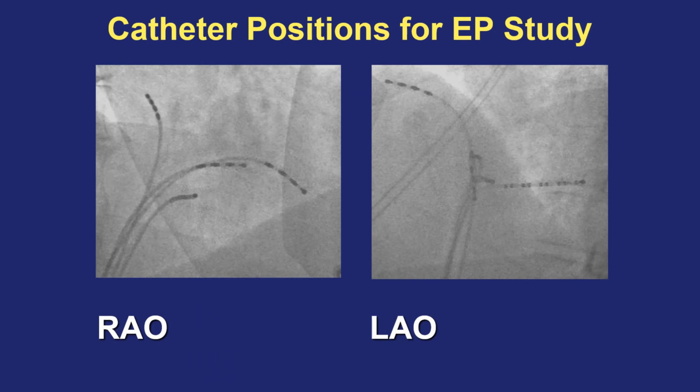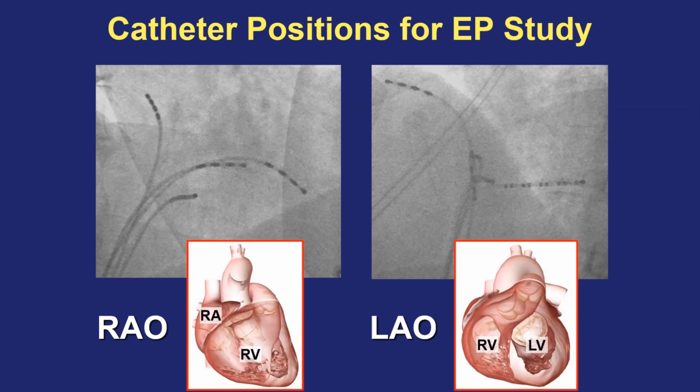Here is an RAO and an LAO view of a standard electrophysiology setup where you have the high right atrial catheter positioned in the high right atrium as seen in these two views. The right ventricular apical catheter extending toward the right in the RAO view and coming straight out at us in the LAO view.